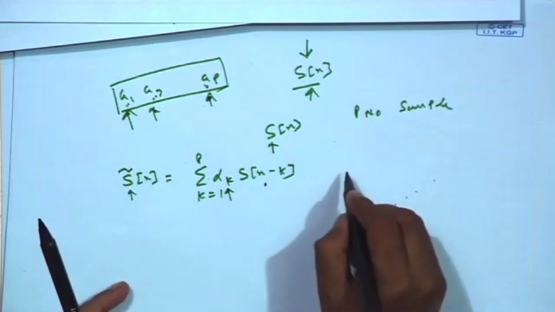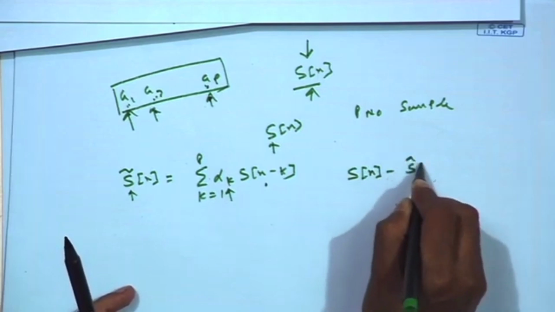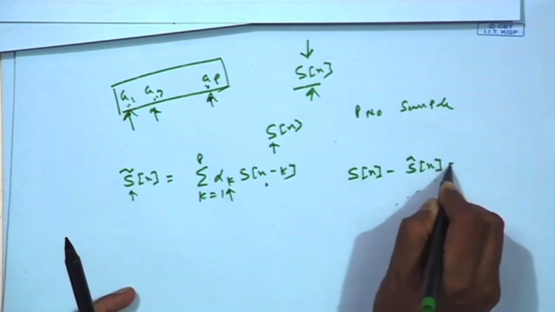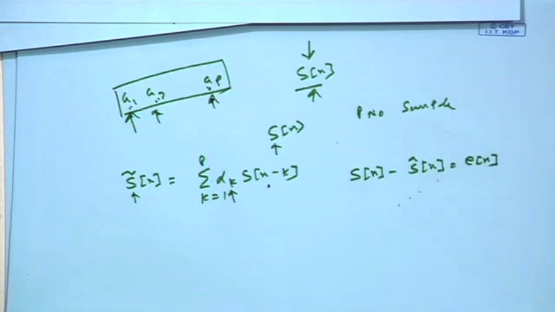Now, what is the prediction error? If I know the current sample, then S n minus the predicted sample is my prediction error. So, S n minus S cap n is my prediction error.